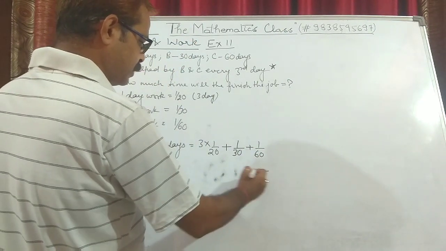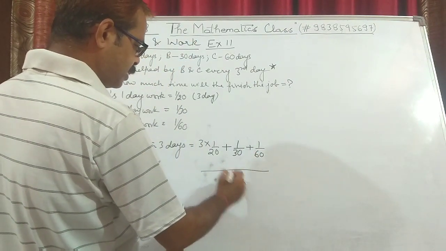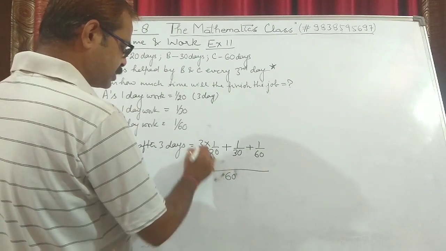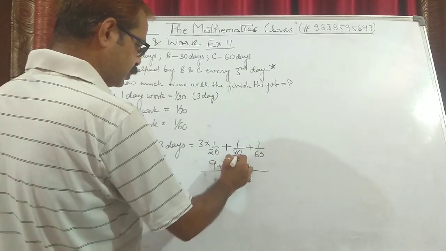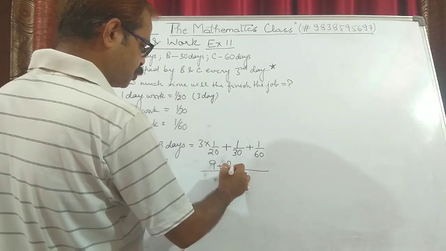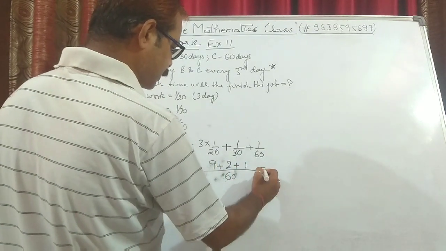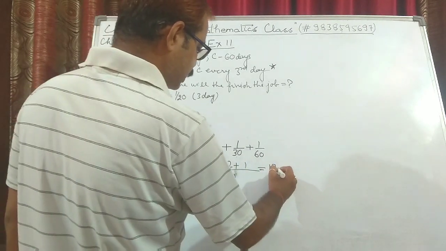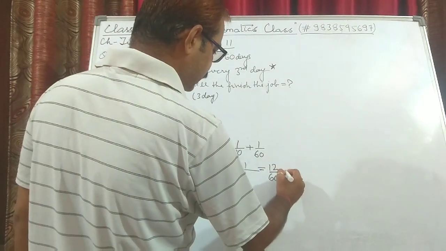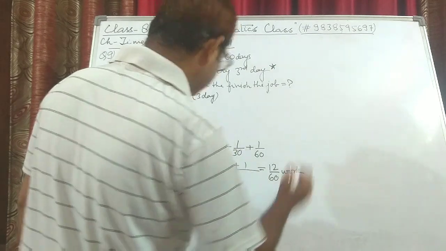So LCM will be 60. 2 3s are 6, 3 3s are 9, 3 2s are 6, so 2 and 1. So total work done is 12 upon 60 on the third day.